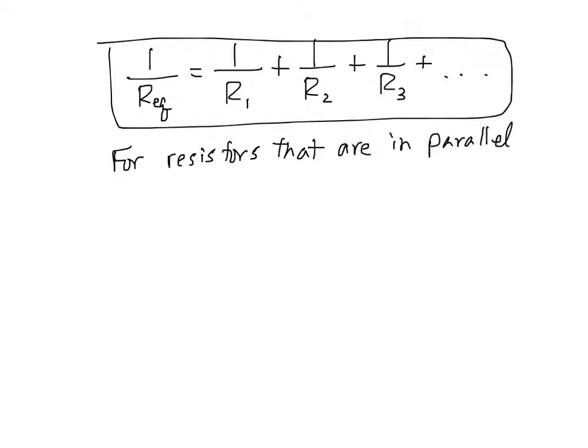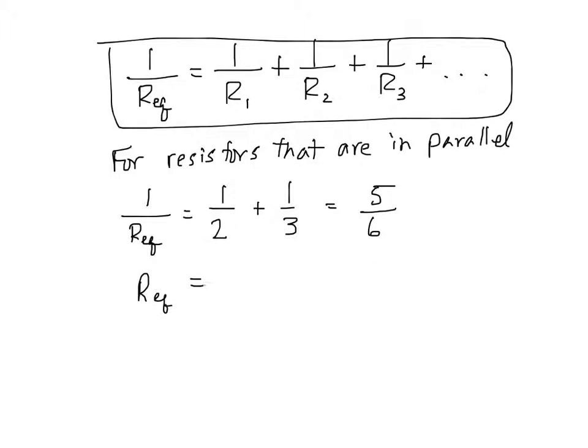So for our circuit, 1 over Req would be equal to 1 over R2, which was 2 ohms, plus 1 over 3 ohms, which would be 3/6 and 2/6, which would be 5/6. But remember, that is 1 over Req, so Req would be the inverse of 5/6. So the equivalent resistance would be 6/5 of an ohm, or 1.2 ohms.